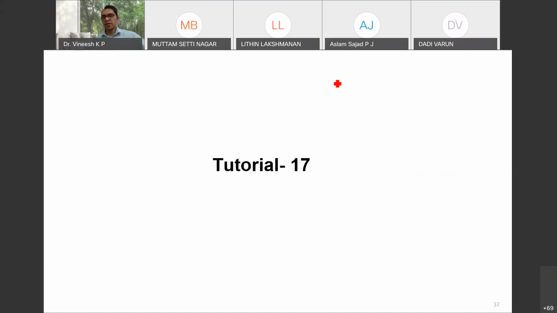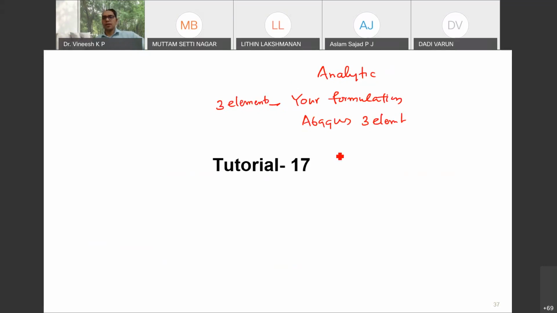You have the analytical result, your formulation, then Abaqus with 3 elements, and then Abaqus with 30 elements. So this will match. These two things will match.